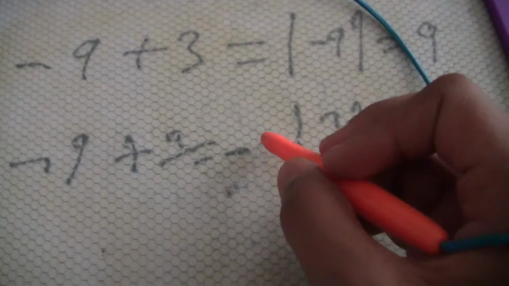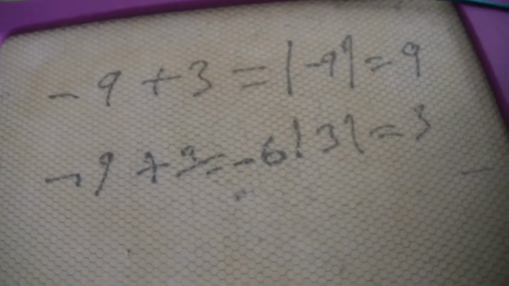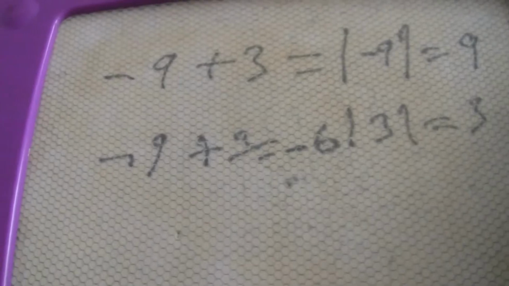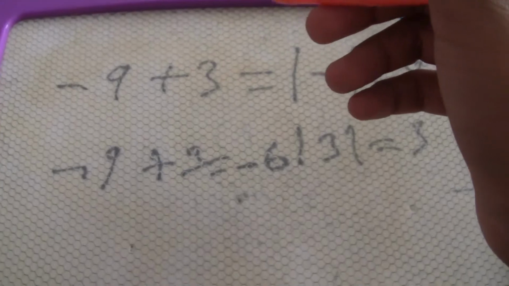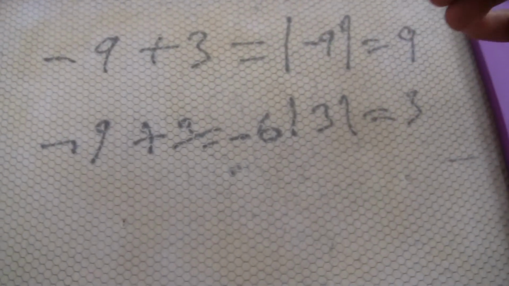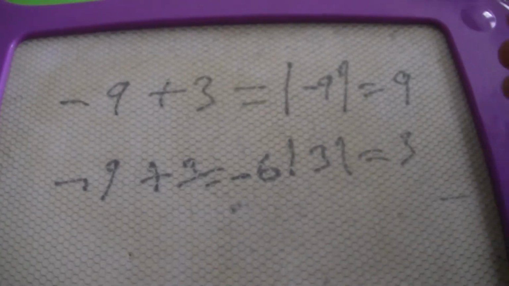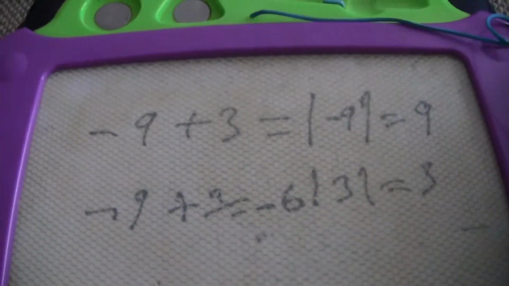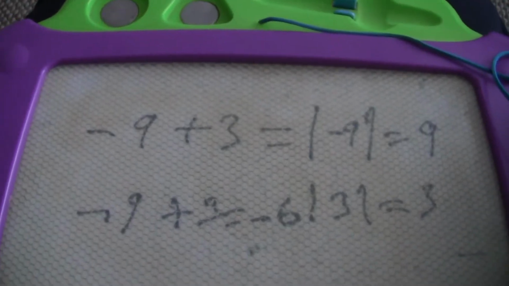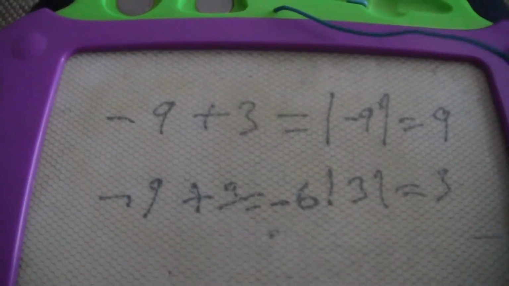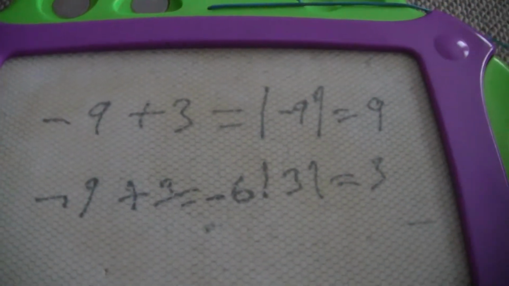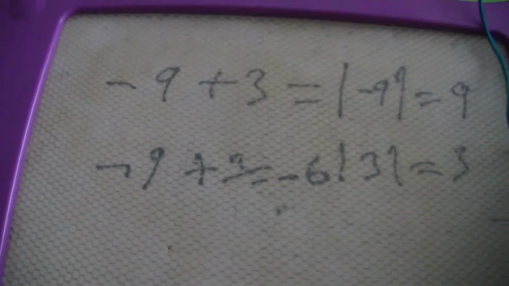So that's how I get the answer of -6, because you use the absolute value to see which is bigger, and whichever number is larger gives the sign. When adding integers, you change to absolute values so you can see which is larger, and you use that number's sign as the sign of the answer. You use the additive inverse, so you subtract instead of adding. So that's how you get your answer.